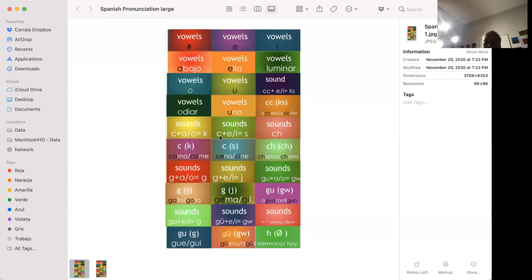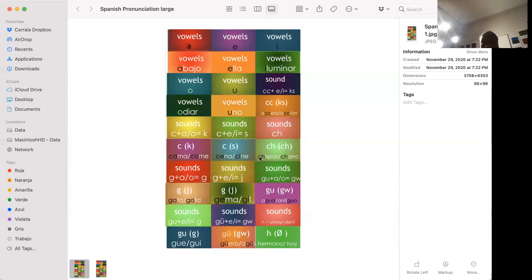Here you have the C plus the soft vowel E or the soft vowel I, and the sound of the C is S. And look down below, right here, you see the words cena and cine.